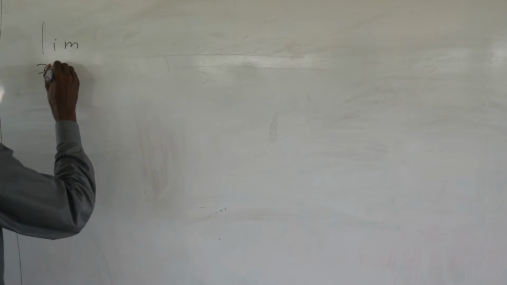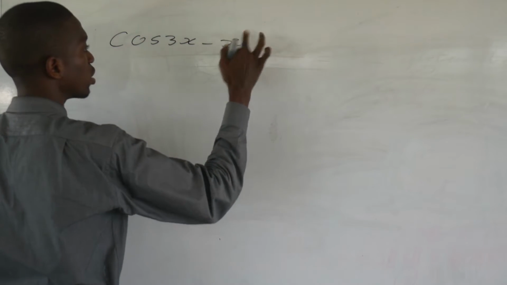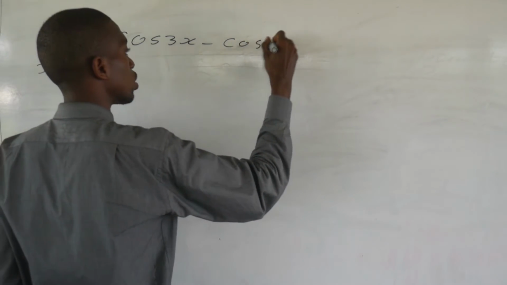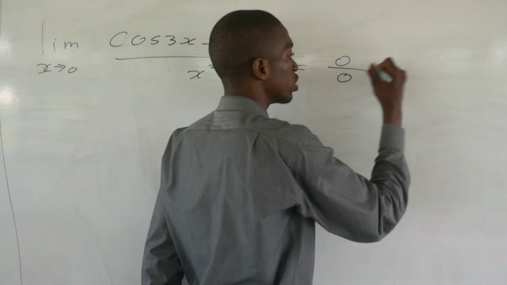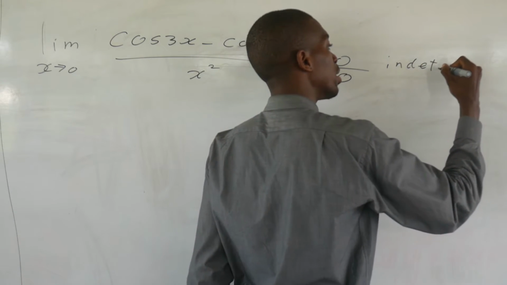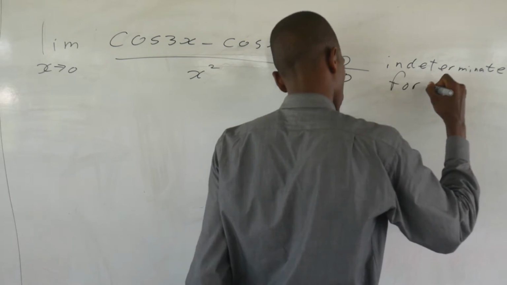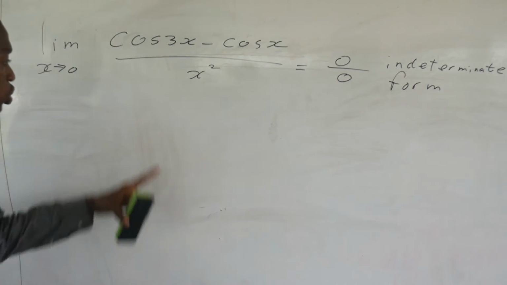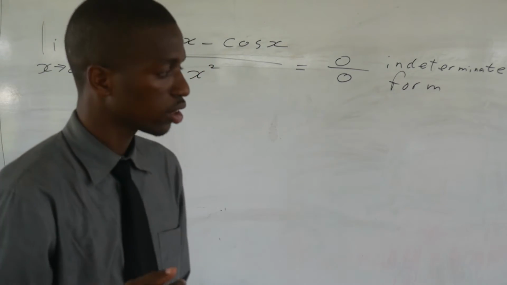The limit as x goes to 0 of cos 3x minus cos x all over x squared, and we said this was 0 over 0, an indeterminate form. And we chose to do a sum to product.